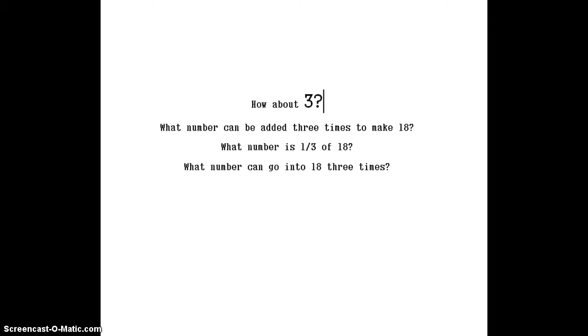Oh, how about 3? What number can be added 3 times to make 18? If you remember, multiplication is the same as repeated addition. So, if there is a number that can be added plus itself 3 times to make 18, this will be the same as multiplying that number by 3 to make 18, which would mean that it was a multiple of 18.